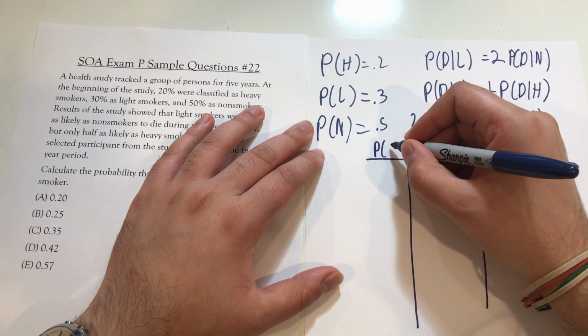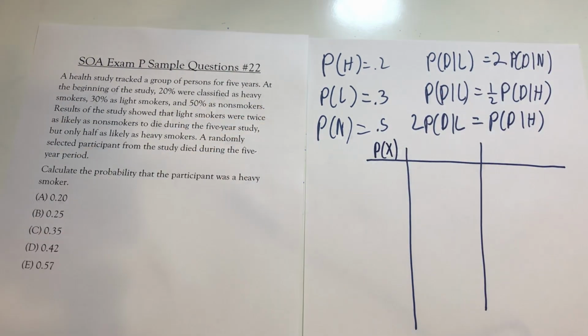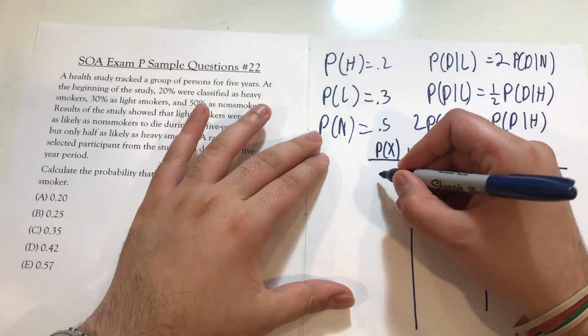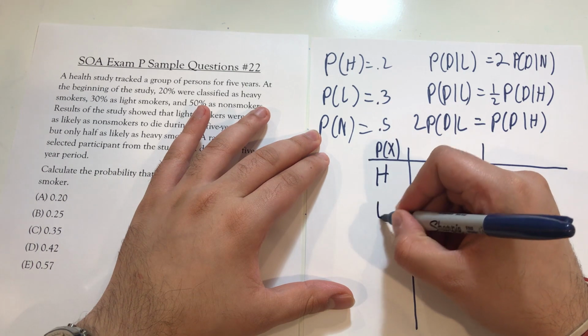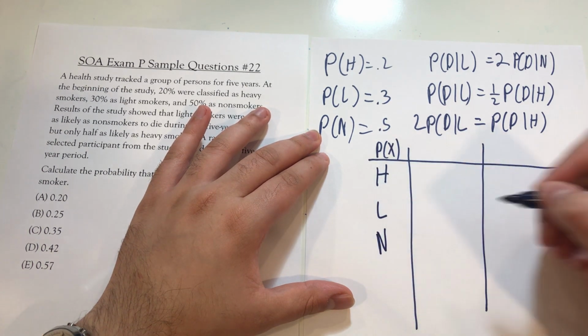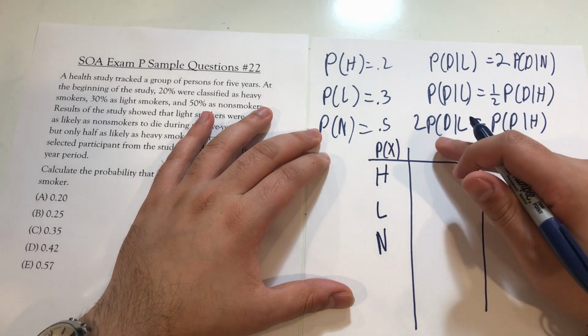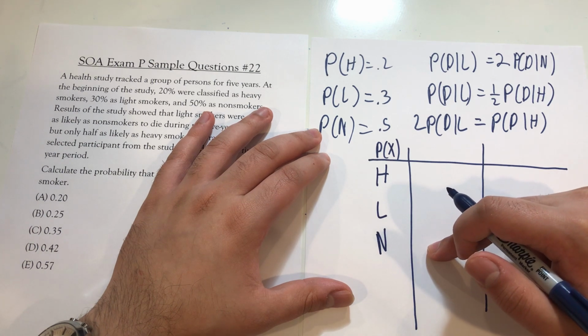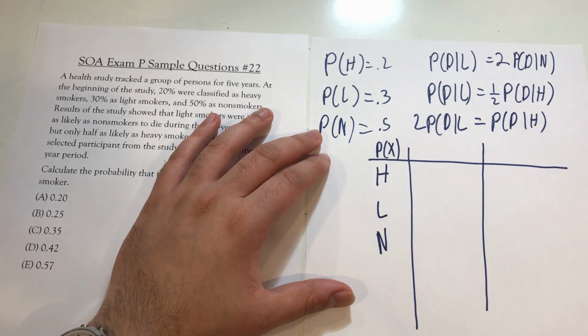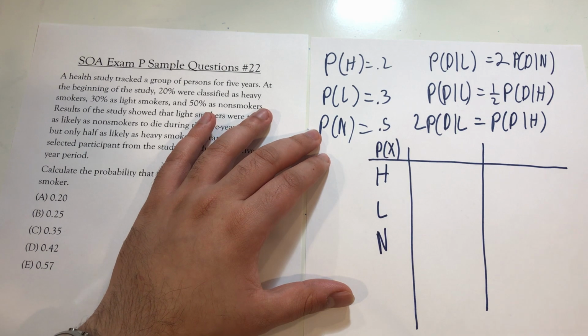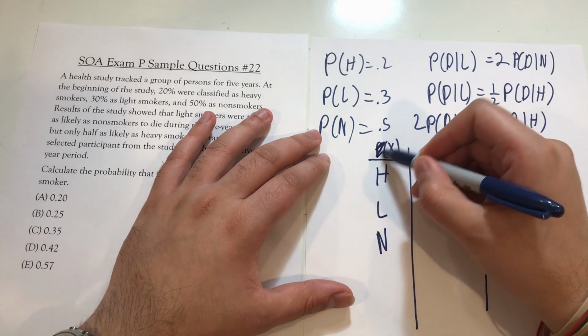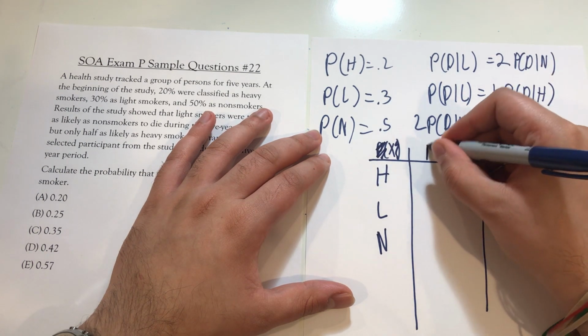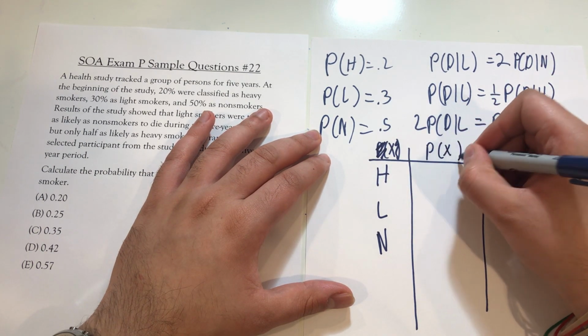I'm just going to say X or whatever, of being in that group. Then this would be the group that you're in, and this is the probability of actually being in that group.